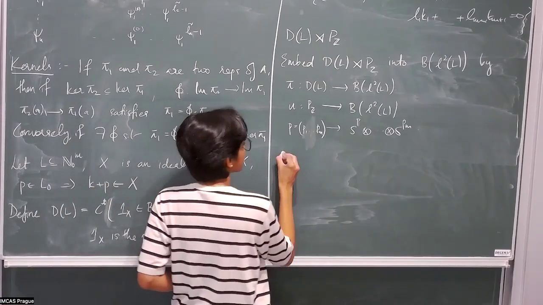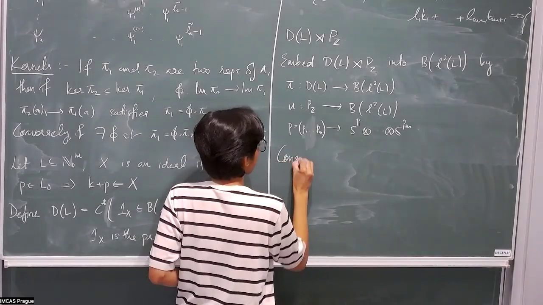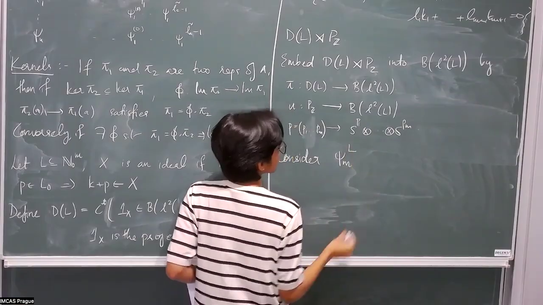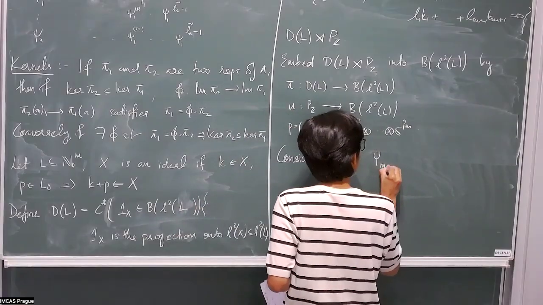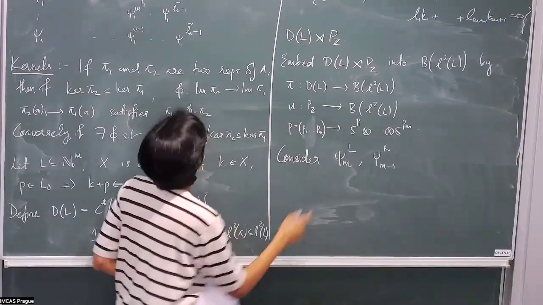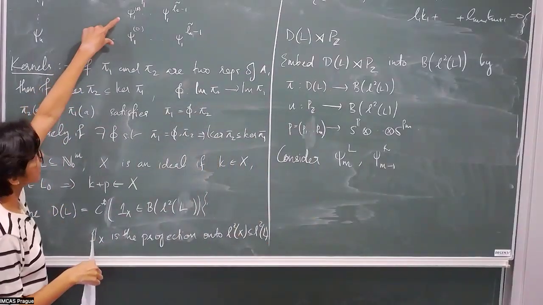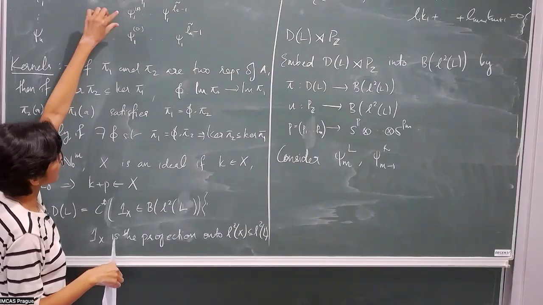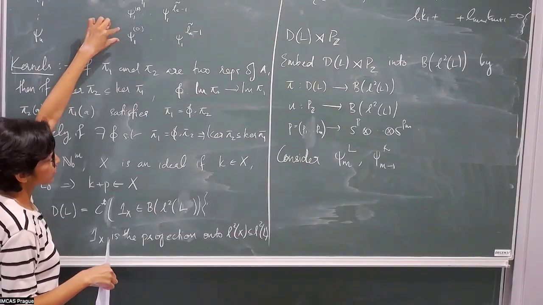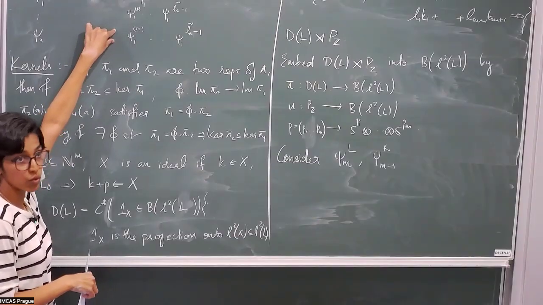So for that, I would be considering psi m L and psi m minus 1 K. We already showed the levels here. So I'm taking some representation in one level and another representation in the level below.